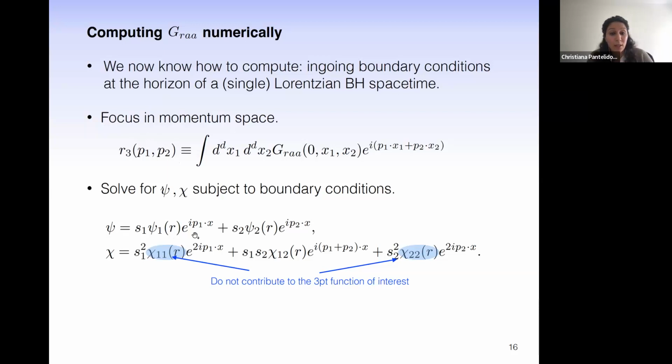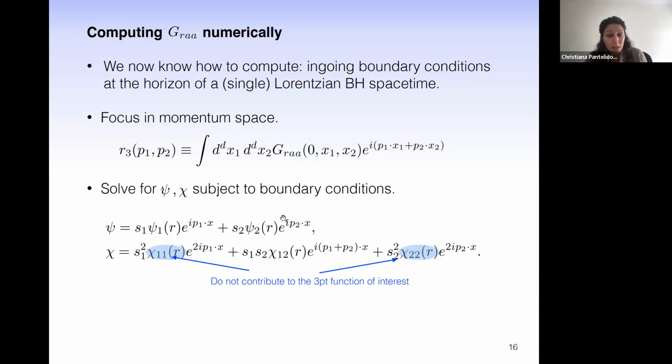So we can have a component of the scalar field that is proportional to a plane wave with momentum P1, and we call that psi1, and a component psi2 that is associated with a momentum P2. And here I make explicit the sources S1 and S2 for these two fields.